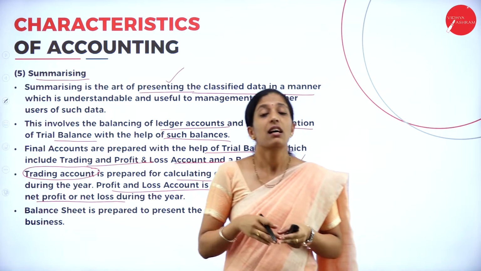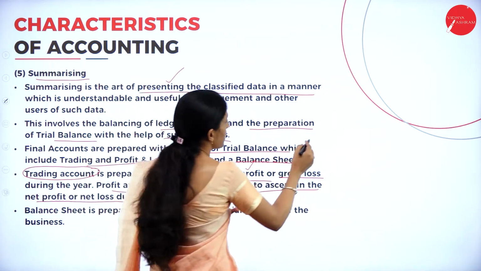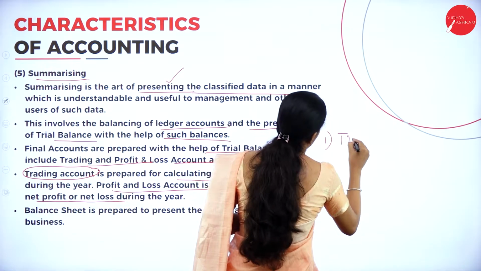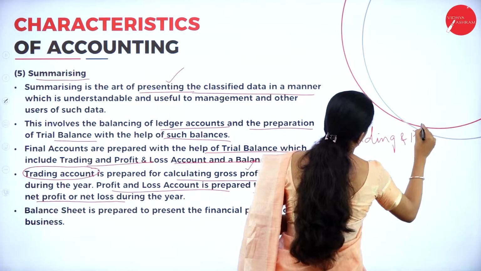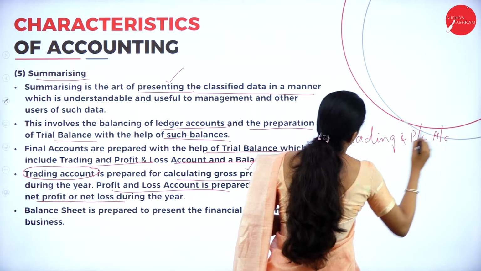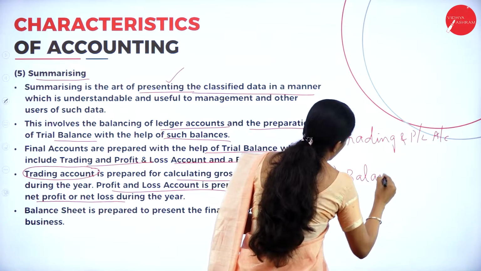Now what is this financial statement of an organization? It contains the trading and profit and loss account. And the next statement we are going to prepare is the balance sheet.